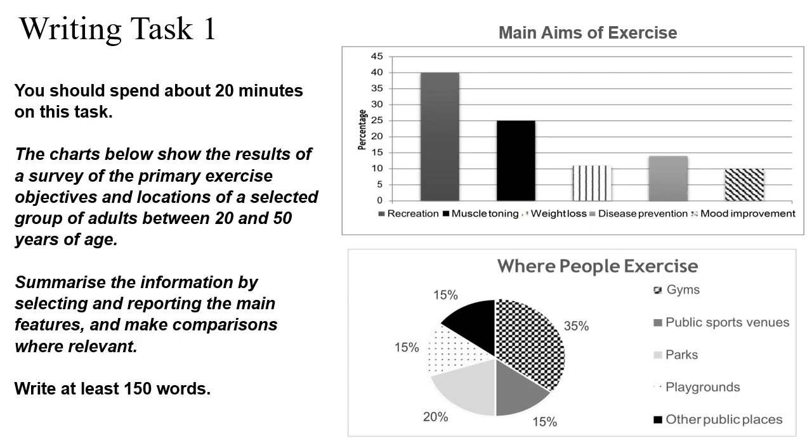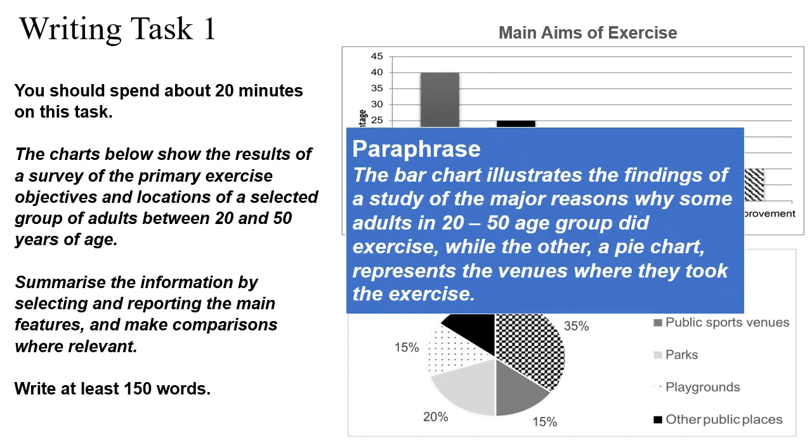It is rightly a compound sentence containing 2 clauses because it has to refer to the 2 diagrams at once, where the first is a bar chart that illustrates the findings of a study of the major reasons why some adults in 20 to 50 age group did exercise, while the other, a pie chart, represents the venues where they took the exercise.